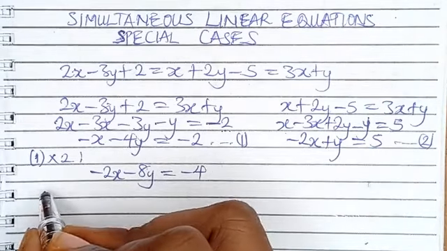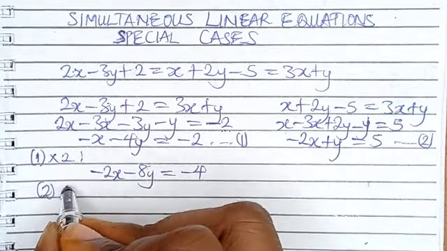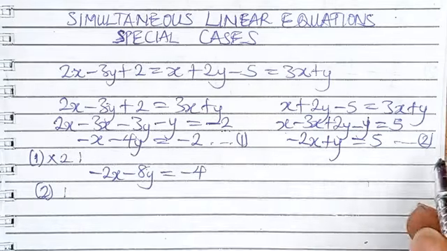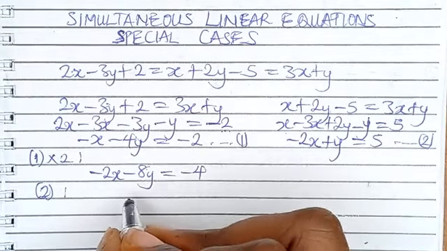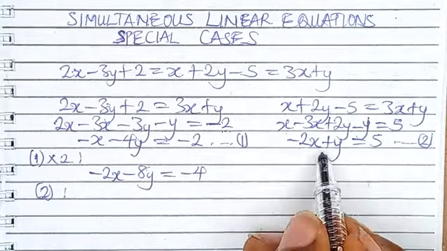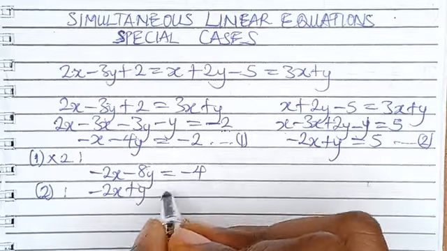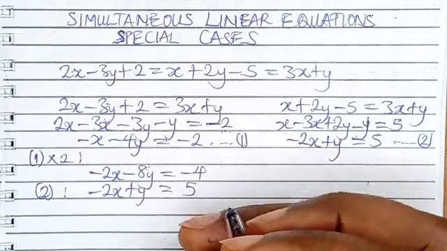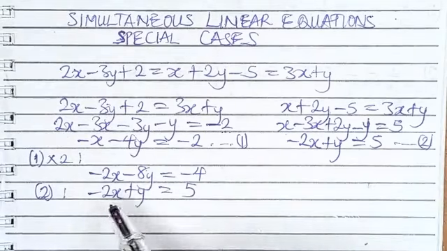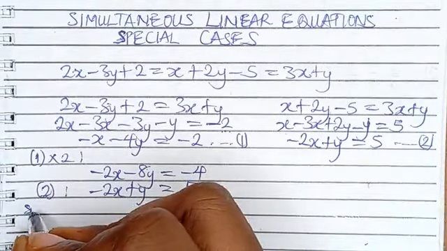So I'm going to repeat equation 2 so that we can add or subtract according to the signs of the unknowns. Okay, minus 2x, that's equation 2, plus y is equal to 5.